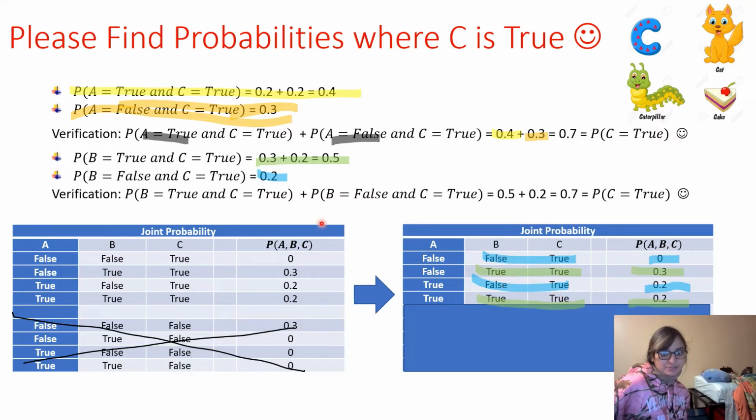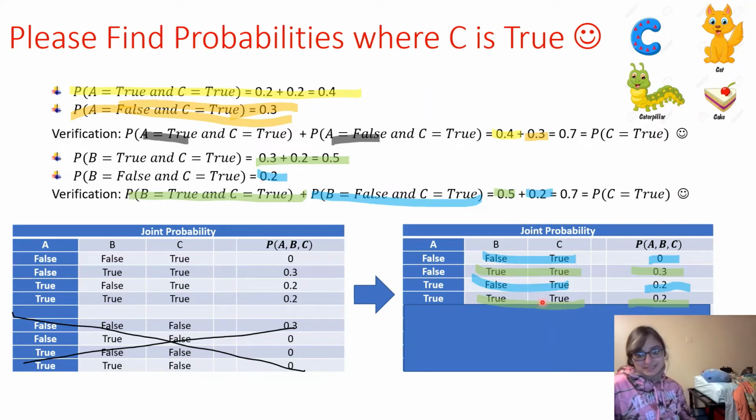And if we verify, this 0.5 and this 0.2 together equal 0.7, which is the probability C is true.